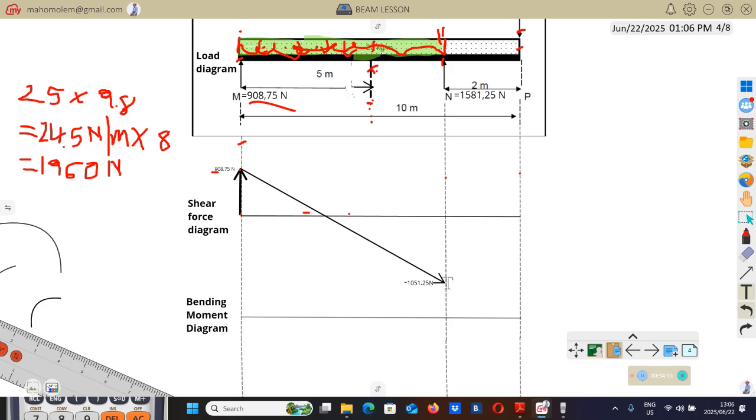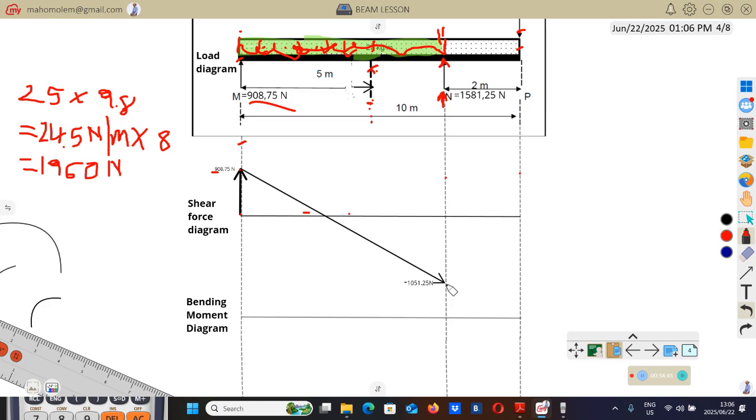Right, as we are following these forces, at this point we find an upward force. This force is going up with a magnitude of 1581.25. Remember, a point load is represented by a vertical line.